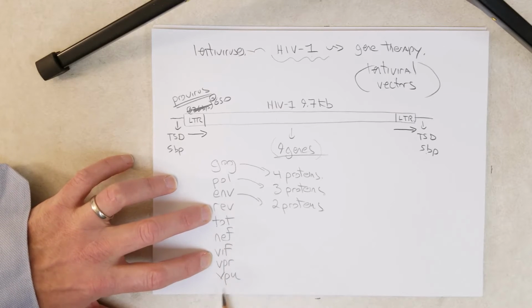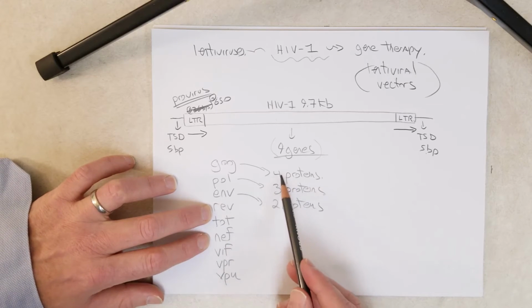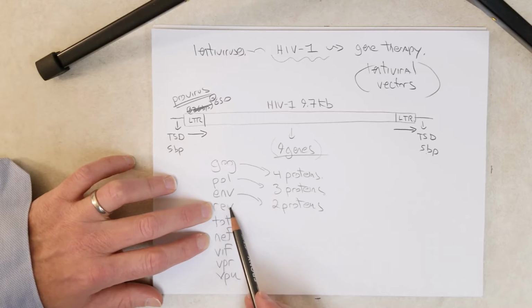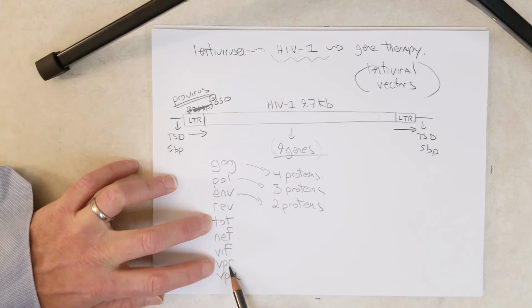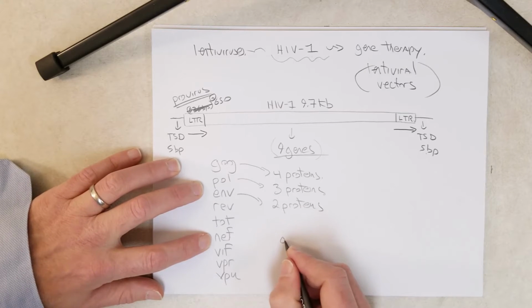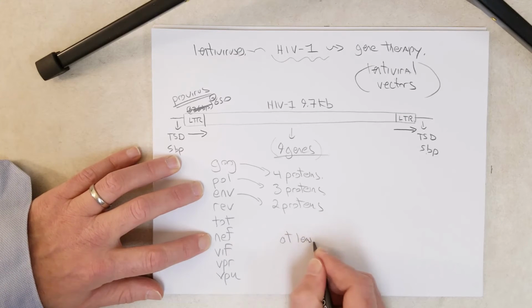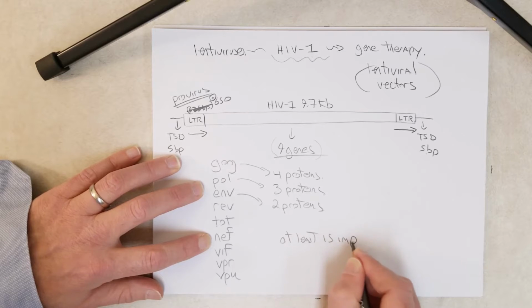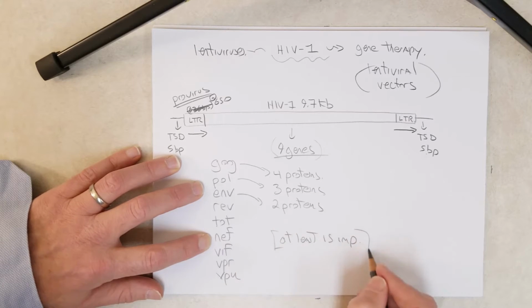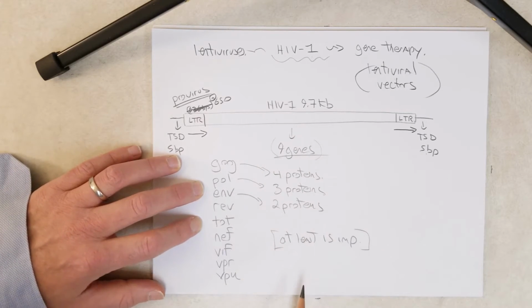So what does that give us? So 4, 3, 2. So 4 plus 3 plus 2 is 9, 10, 11, 12, 13, 14, 15. So at least 15 important proteins are encoded by the HIV-1 genome.